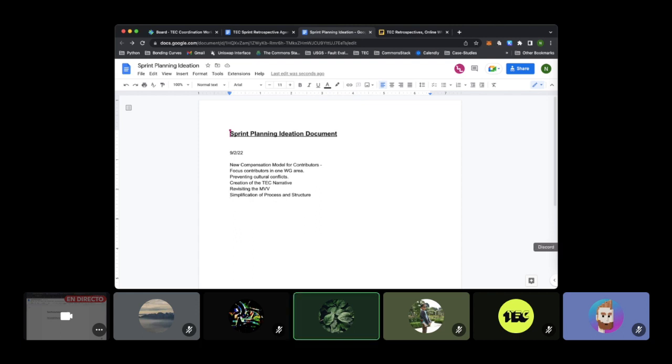So maybe there could be a simplification process and structure for the whole TEC, and we could talk about the working groups that we have, or this idea of having interest groups, and how this can play out with the whole organization. And maybe even restructuring the Discord server, right? Maybe there are ways to make it simpler, having fewer channels, less information, being more concise, more precise, just making things simpler in all terms, even for contributors themselves, right?